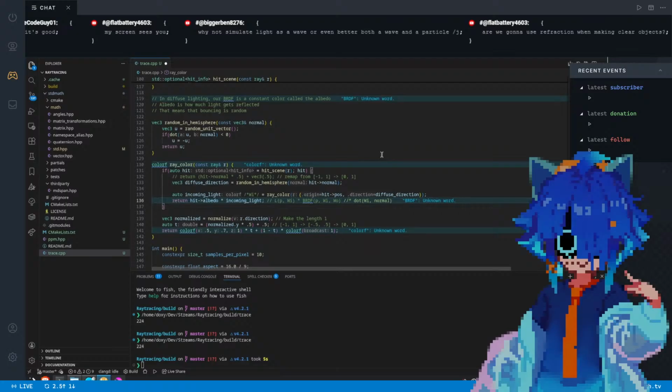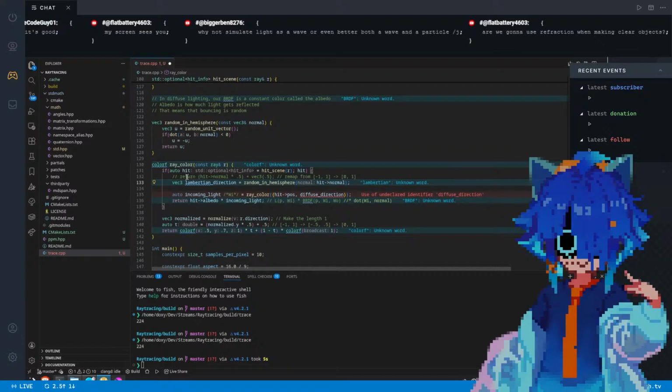But what I'm going to do now is tweak this diffuse lighting to make it a little bit better. So this isn't going to be a diffuse direction anymore. This is going to be a Lambertian direction. So Mr. Lambert decided that he would create a new tweak to the diffuse algorithm that makes it better.